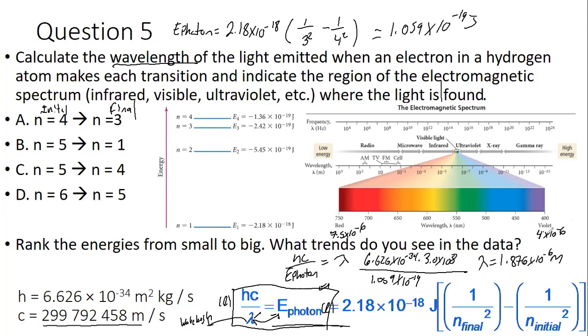So our actual wavelength is below, to the right of violet. And if we look on our spectrum, to the right of violet is ultraviolet. So this is UV light with a wavelength of 1.876 times 10 to the minus 6.